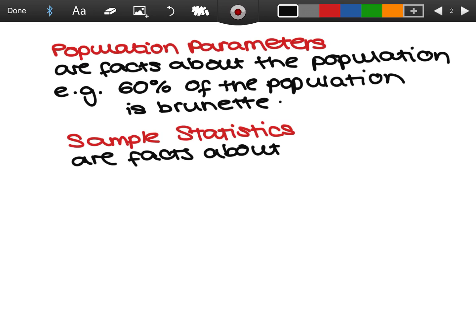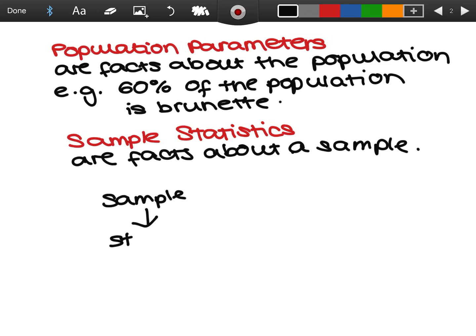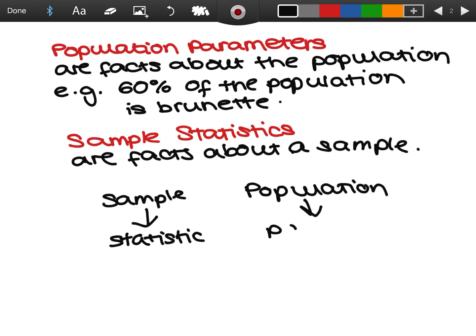So for example, a population parameter could be, let's say, 60% of the population is brunette. I'm not entirely sure that's true, but we'll take that as an example for now. So 60% of the population is brunette, okay? That could be a fact about my population.